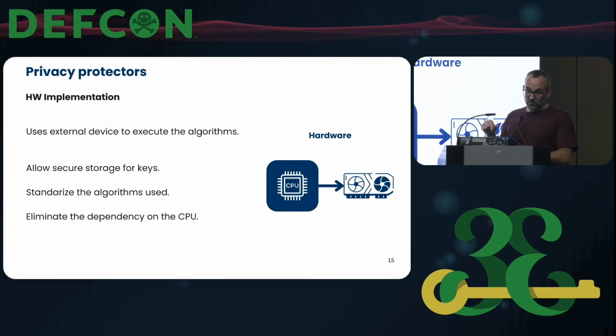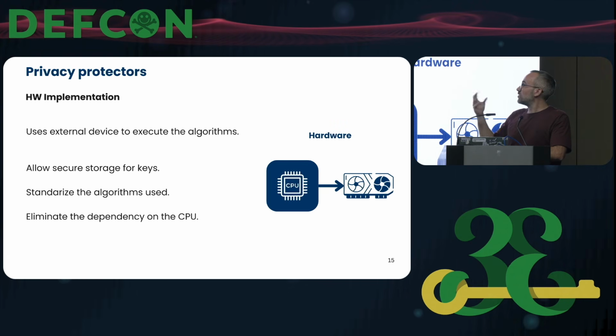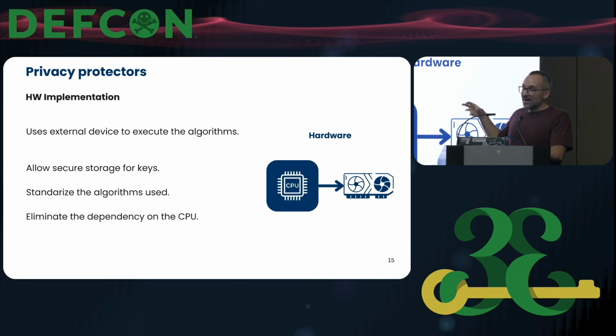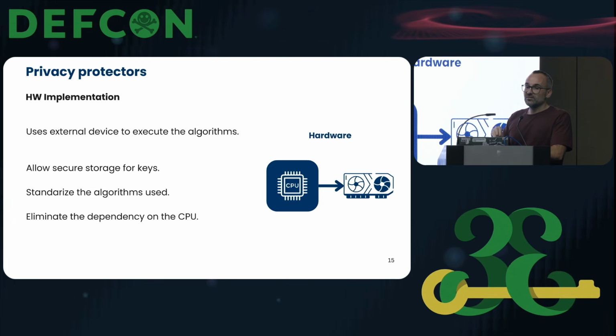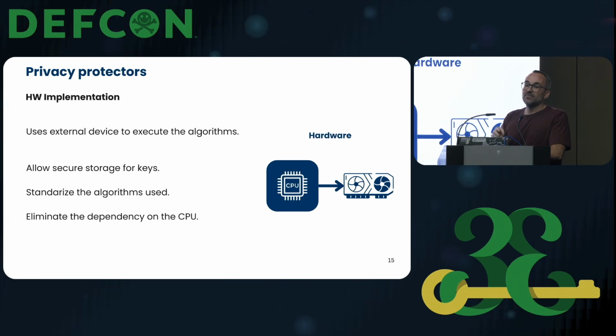The other implementation we talk about is hardware implementation. When I talk about hardware implementation, I talk about using an external device to execute the algorithms, which is great. This allows us to store the keys very securely, because those keys can be write-only. So I can send the key, and then no one will be able to read the same key.